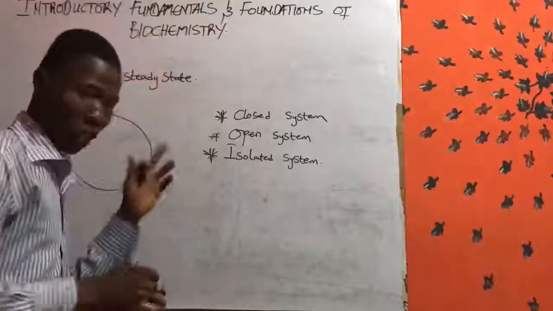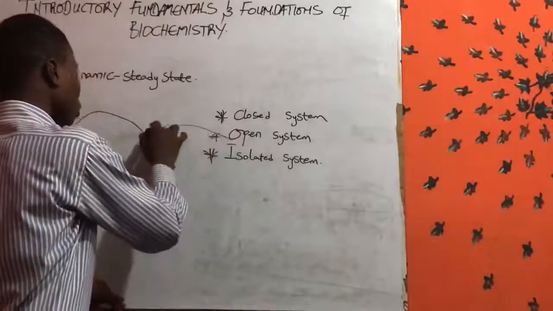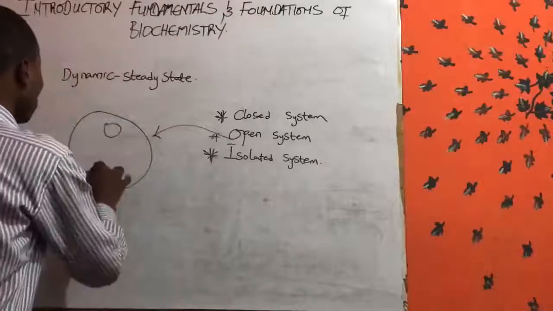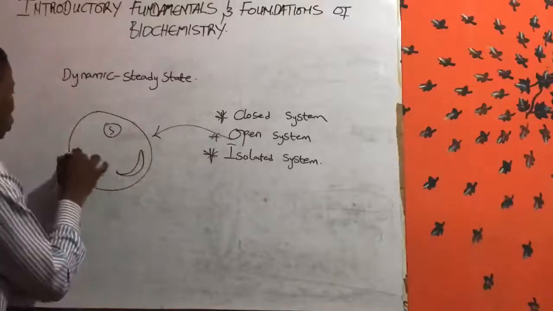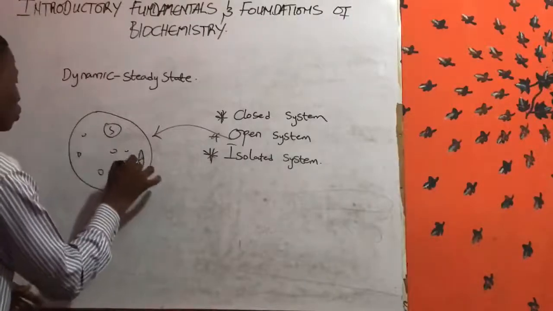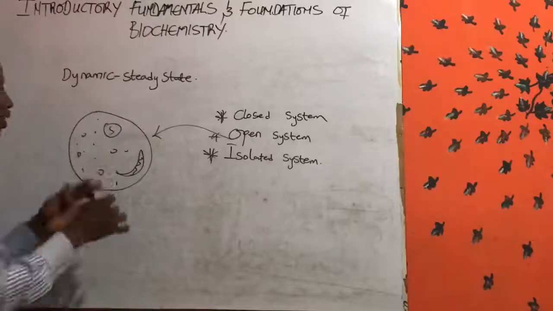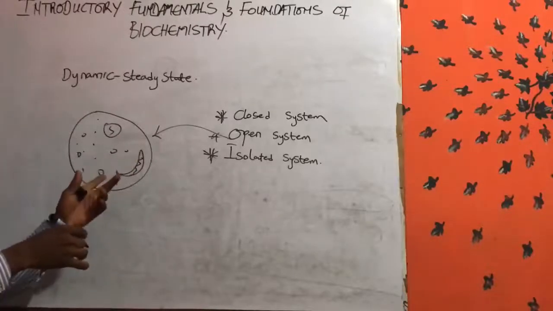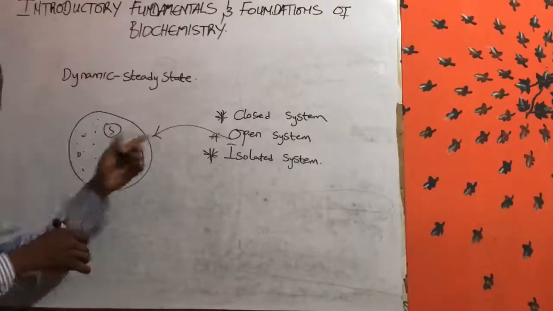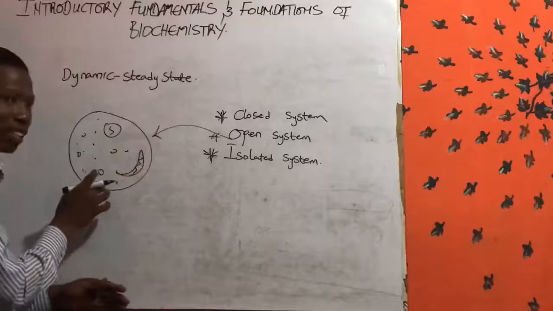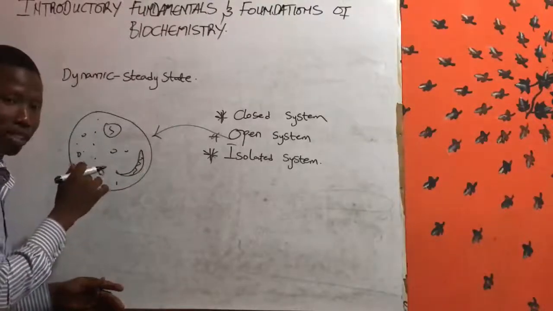Now, the living cell is an open system because the living cell transfers both energy and matter with its environment. The living cell, on most occasions, is not in equilibrium with its environment.